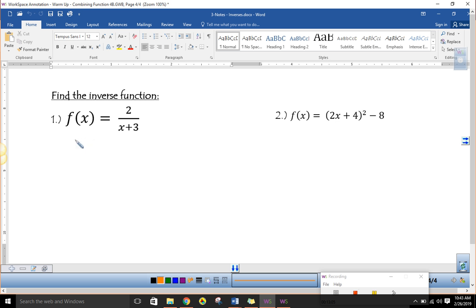Yeah, this is just y equals, right? And no matter what letters they give me, I like keeping everything x and y because it's a little easier to look at. But if it gives you different letters besides x, make sure with your final answer that you switch it back into what it should be. So if I want to know the inverse, I can make this x equals 2 over y plus 3 and solve for y.